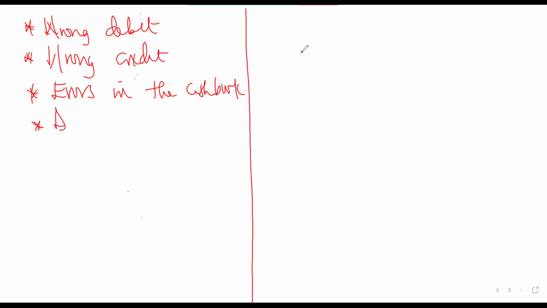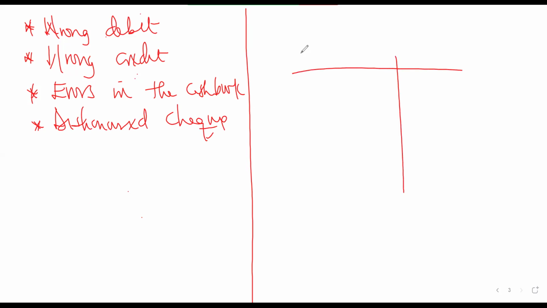We call something a dishonored check. A dishonored check is a check returned by the bank, which will always be for insufficient funds. It means that the customer does not have enough money to settle this one. If you have received money from a customer, how do you treat that in the bank account?